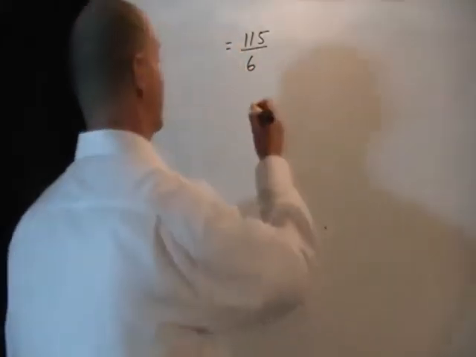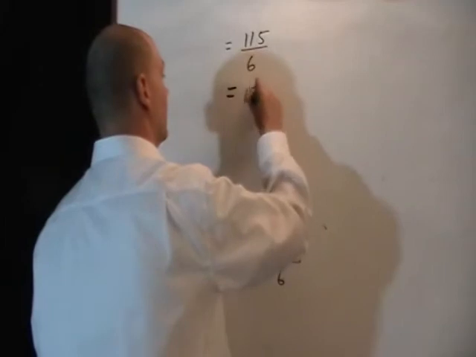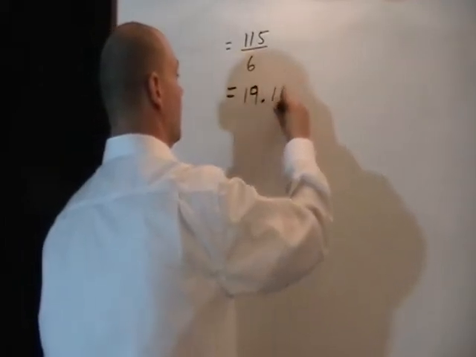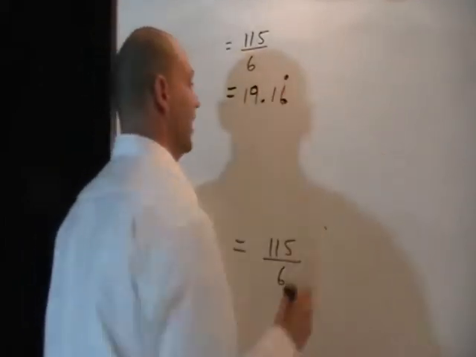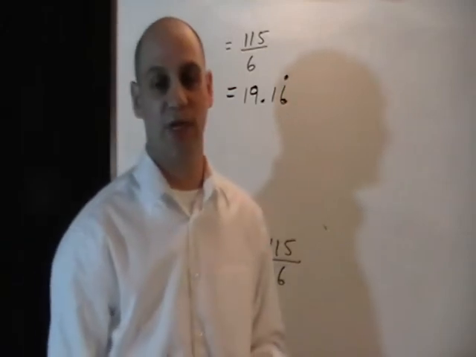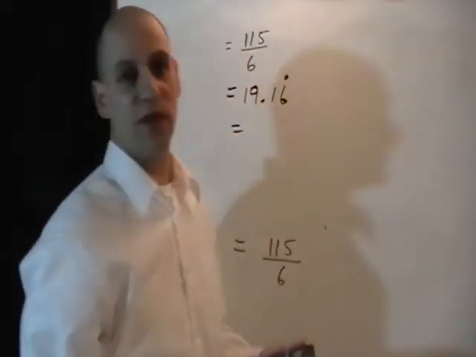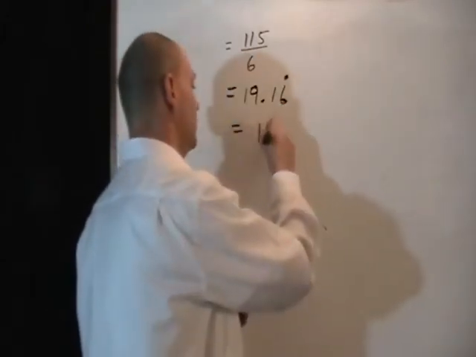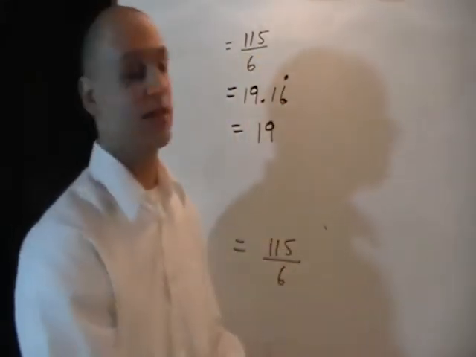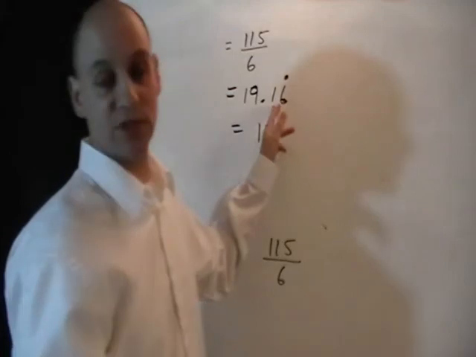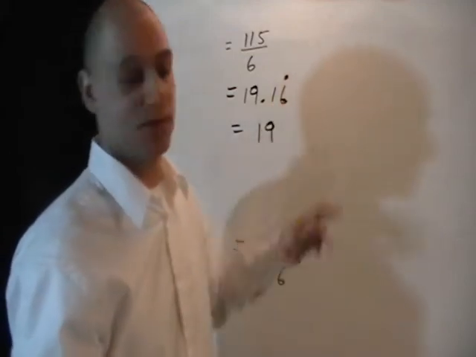And what I get here is 19.1666 repeating. Okay? So what that tells me is I know the answer is going to be 19 and something as a fraction. And the fraction is going to be equal to the 0.16666.